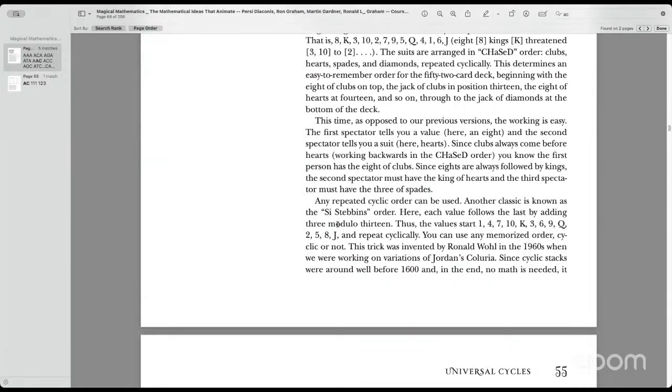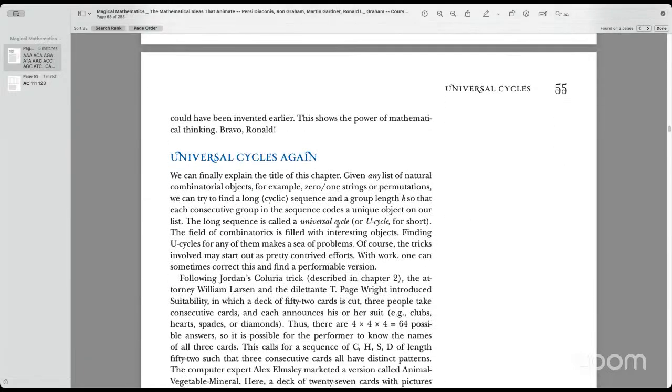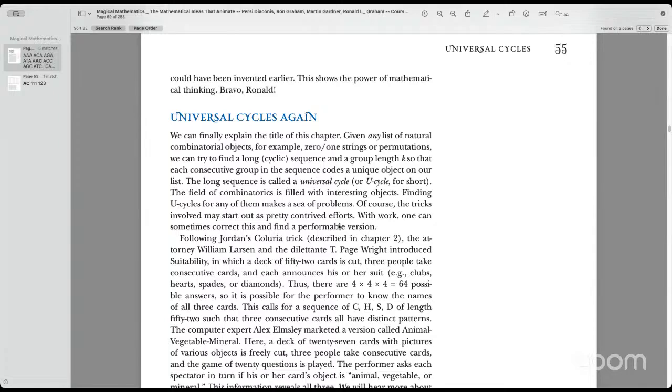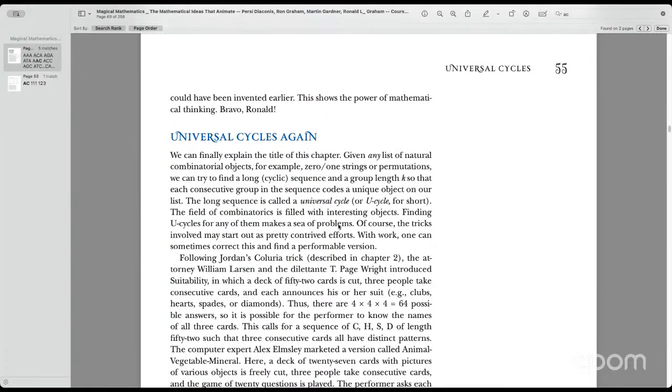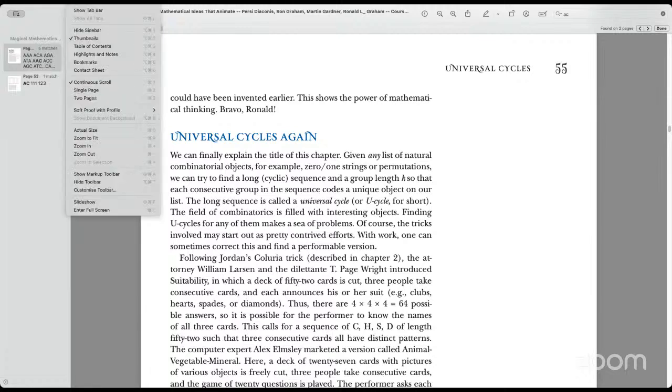So this is the last of the discussions that we are going to have on this format, where you try to have a pre-ordered deck and you cut wherever, and the top few cards is supposed to give you enough information to get a full read.